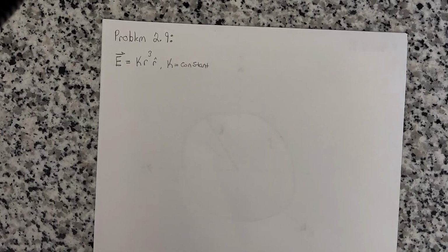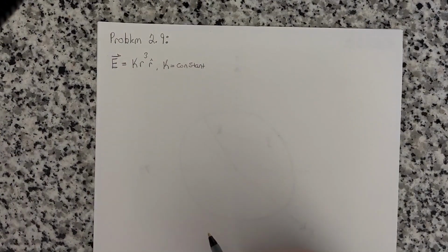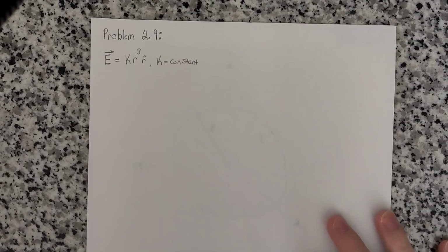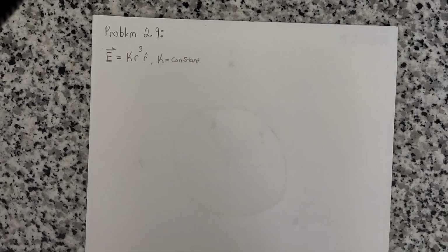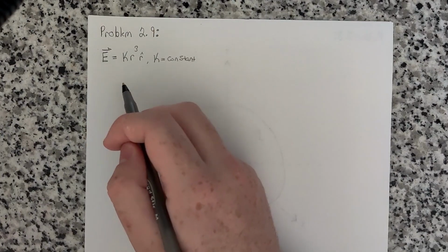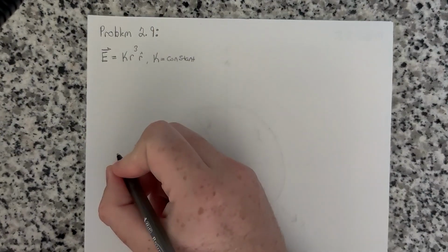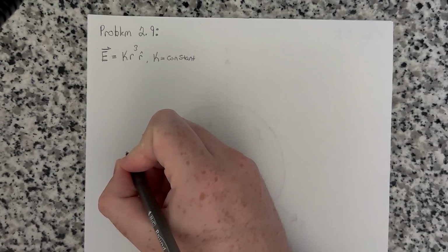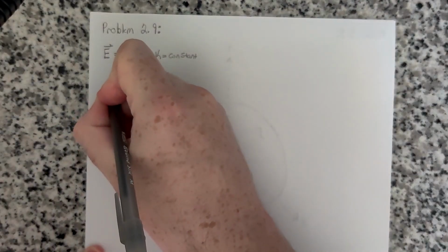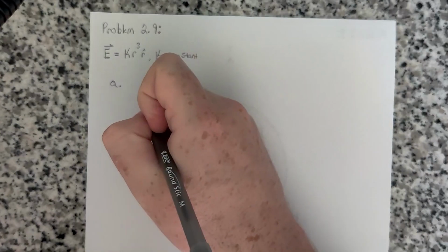It wants us to first find the charge density rho, the charge density creating this electric field. And then B, find the total charge contained in a sphere of radius r centered at the origin, surrounding this charge density.